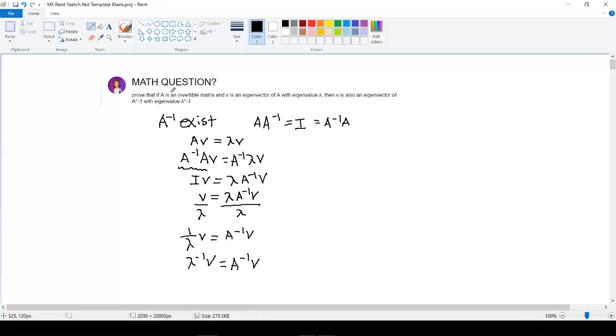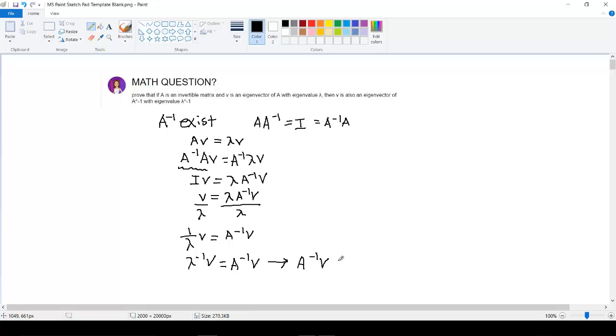So prove that if A is an invertible matrix, then V is also an eigenvector of A inverse with eigenvalue lambda inverse. And that's exactly what we see. If it's a little confusing to look at it that way, you can just flip the equation around.